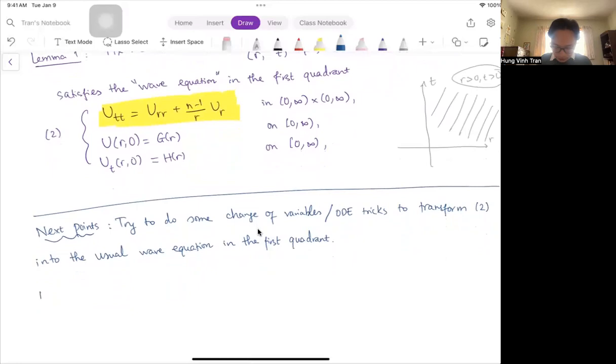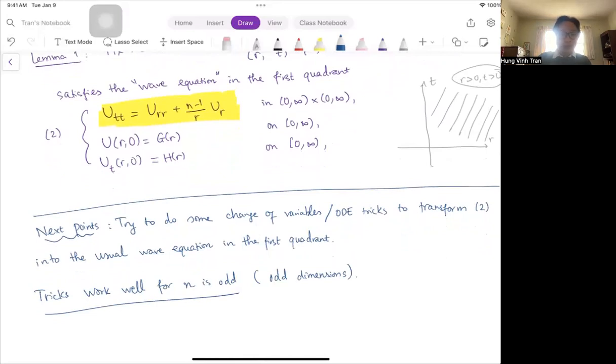The trick works well for n odd. So it works well for odd dimensions, which is kind of interesting. It doesn't work well for even dimensions, and we need to use a different trick.